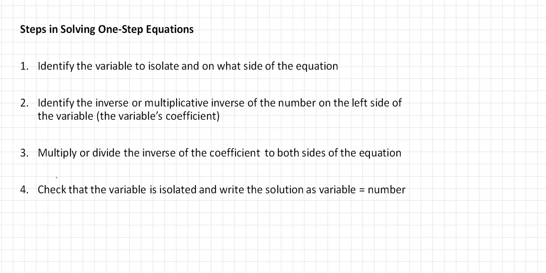And then you want to multiply both sides of the equation by this identified inverse, and just make sure that you have your solution such that there's a variable on one side and there is a number on the other side, or we can call that also a constant.